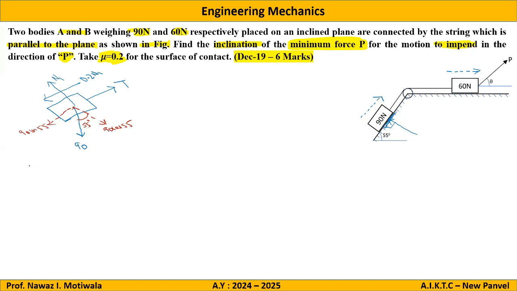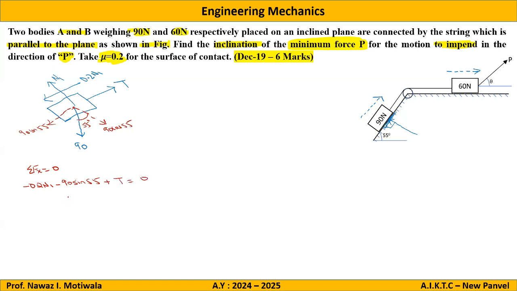Now, applying the condition of equilibrium, summation of Fx should be 0. I will get minus 0.2 N1 minus 90 sin 55 plus T is equal to 0.